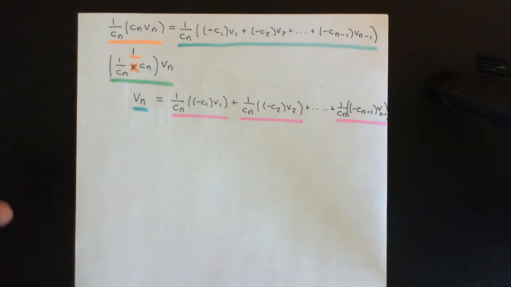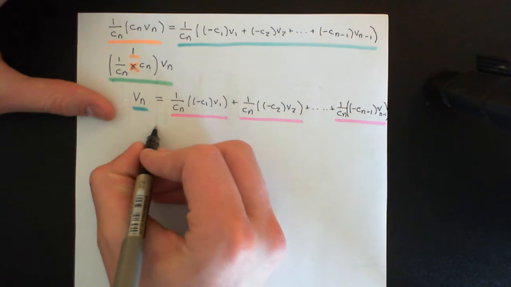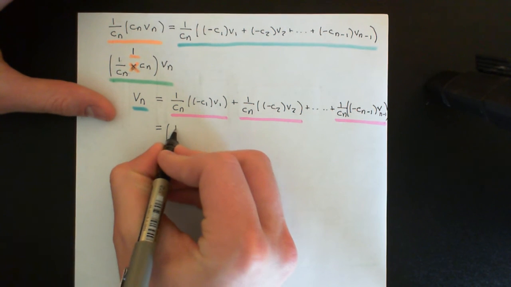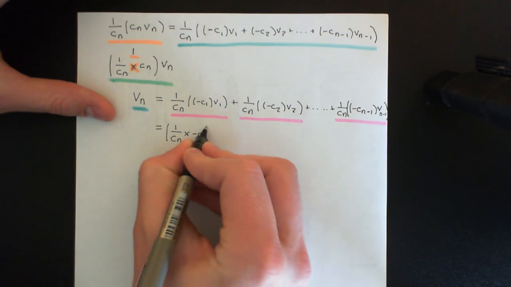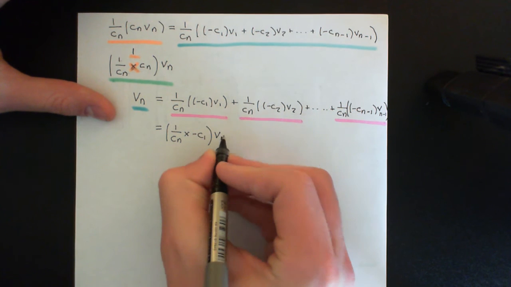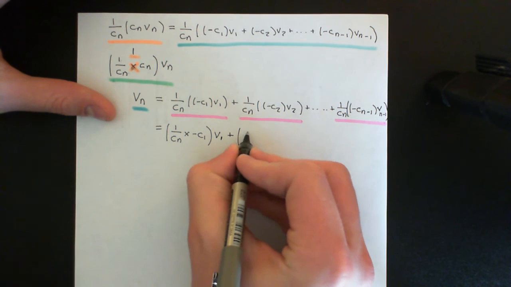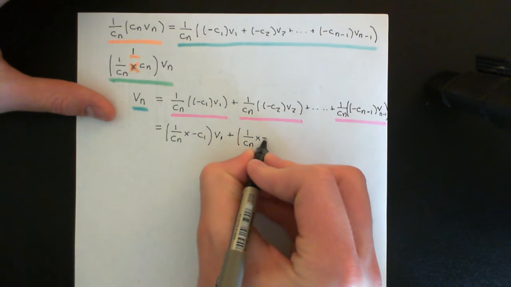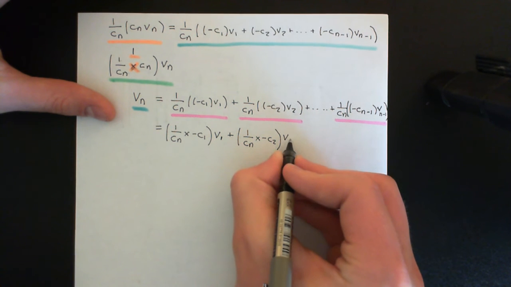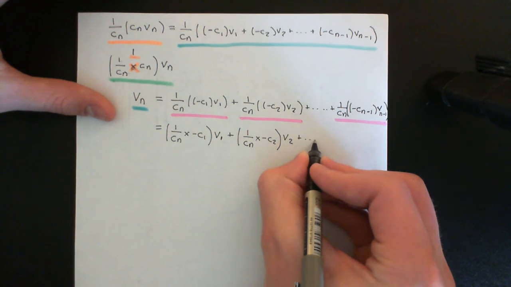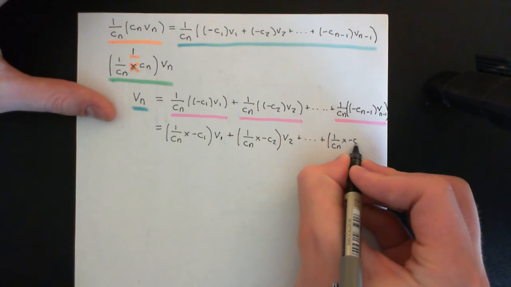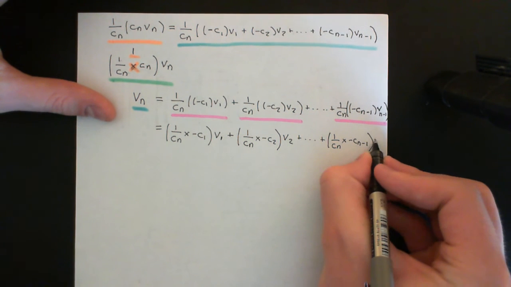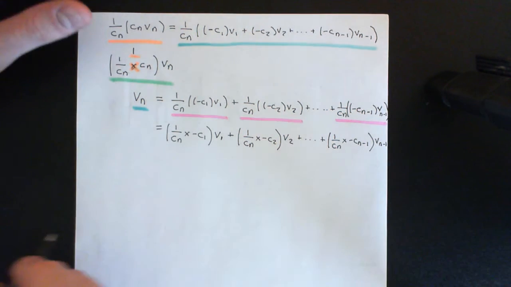So of course what we can now do is apply associativity of scalar multiplication with field multiplication and say, let's rewrite this as 1 over Cn, the multiplicative inverse of Cn, times negative C1 in the field, and then take that answer in the field and scalar multiply it by V1, add that to 1 over Cn times negative C2 in the field, and scalar multiply that by V2, and continue on, plus all the way up until we get 1 over Cn times negative Cn minus 1 in the field, times Vn minus 1, like so.